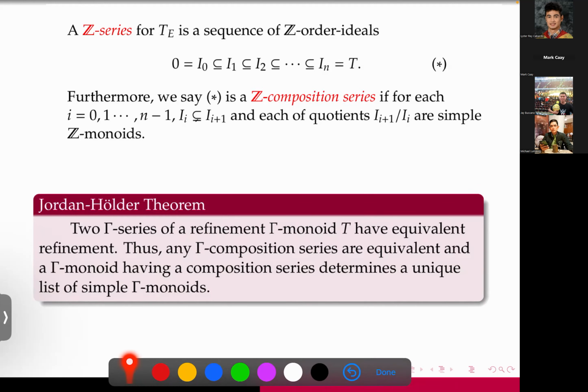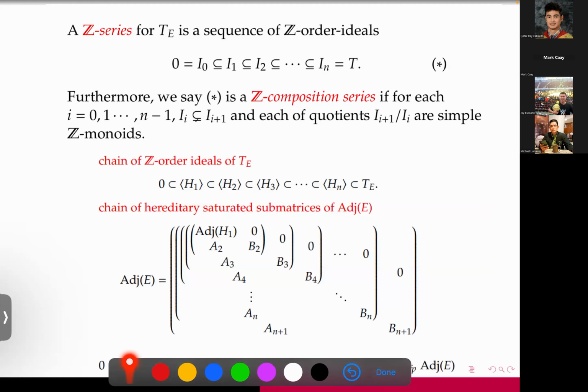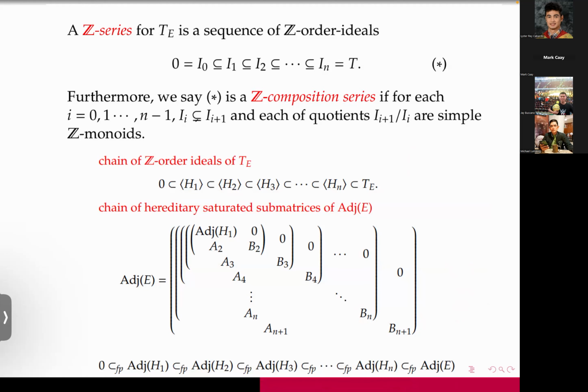And good for us, the talented monoid is a refinement Z-monoid. So it means that this length, which is n, will tell us that I will also have a sequence of submatrices of exactly length n as well. Maybe not length n, but n plus 1. But the sub-blocks would be n.